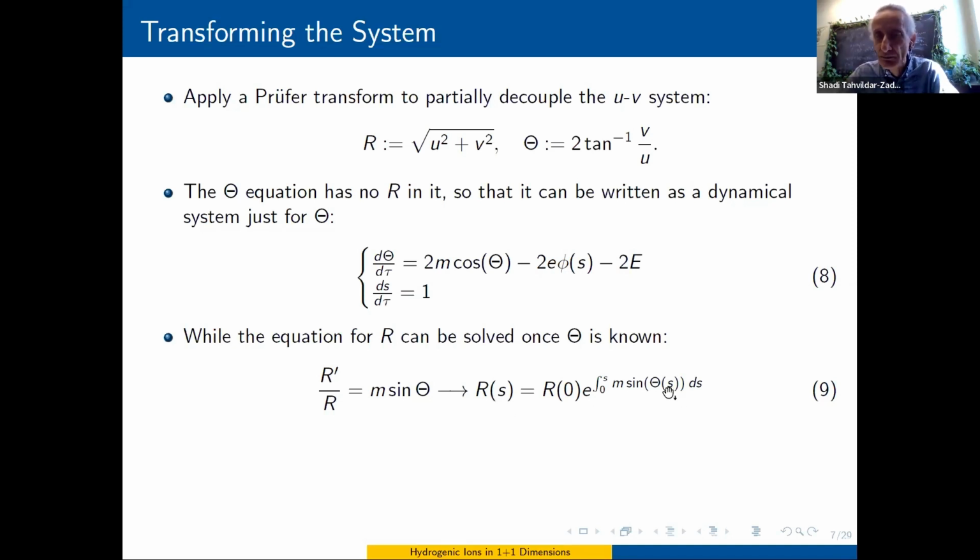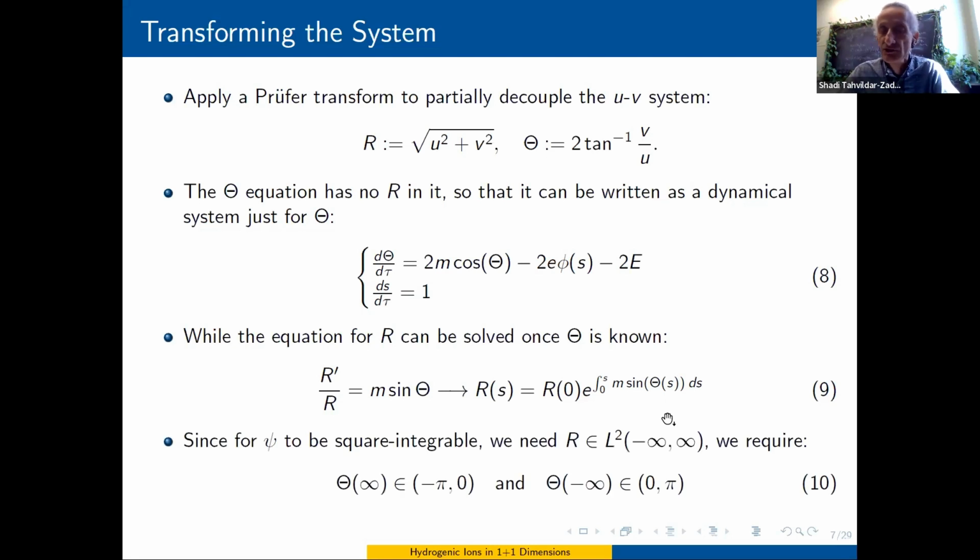So that tells you about what sine of theta of S should be as S goes to infinity or minus infinity. And those are actually the boundary conditions for our equation. So we're going to study this ODE with this boundary condition that theta at infinity has to be negative and theta at minus infinity needs to be positive. So we are only interested in these solutions.